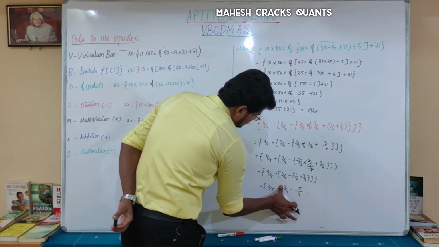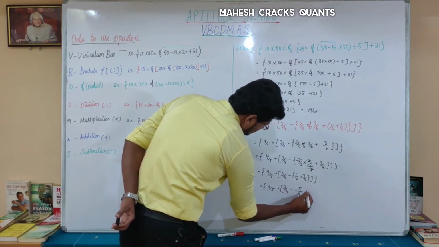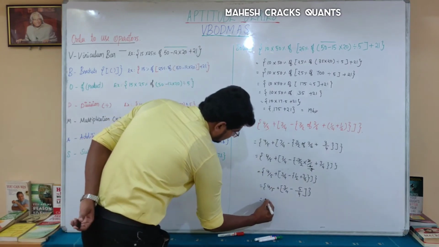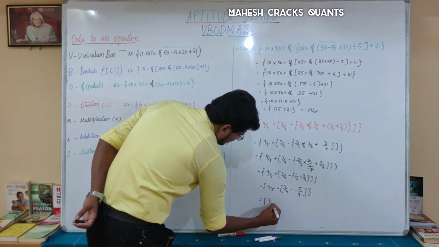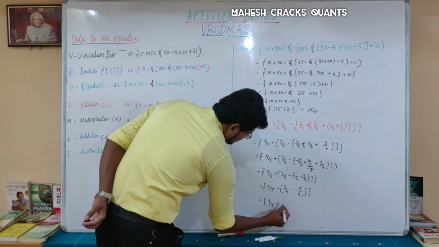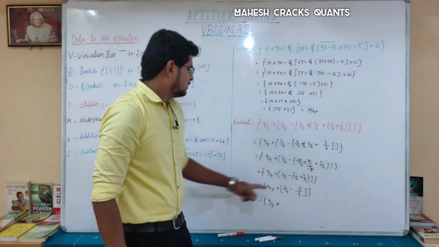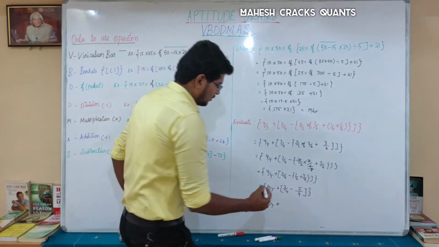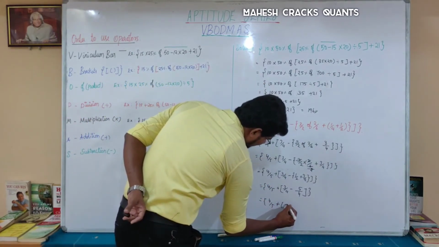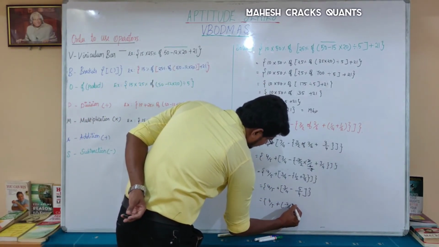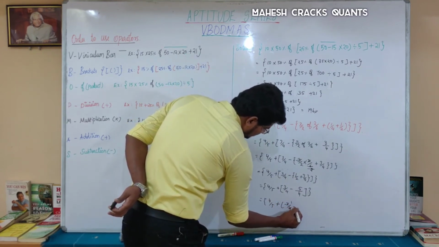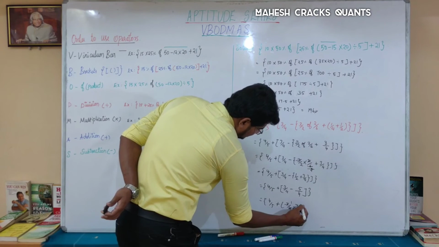So cancelling this, you will get 4 by 5 plus of 3 by 4 minus 5 by 4. Denominator 4: minus 2 by 4. Inside that, minus 2 by 4 is there, which is nothing but 1 by 2. So 1 by 2 you will get.